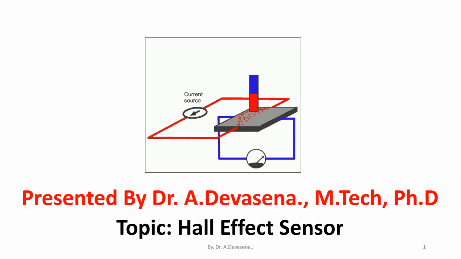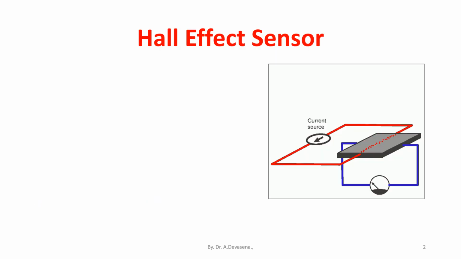This topic is present in the subject mechatronics as well as in sensor subjects also. Let us discuss the topic Hall effect sensor. A device which converts magnetic or magnetically encoded information into electrical signals is called a Hall effect sensor.